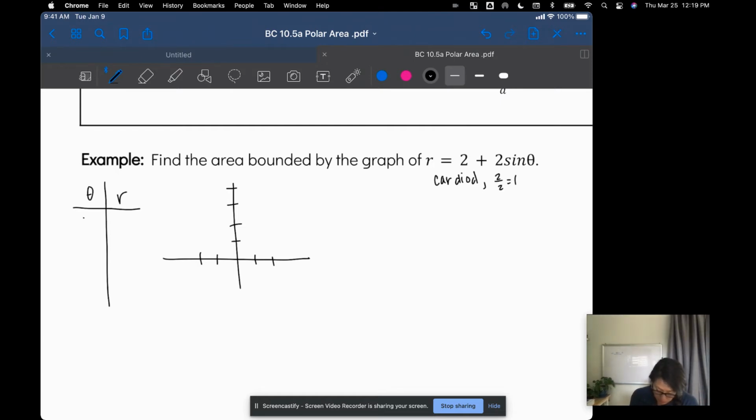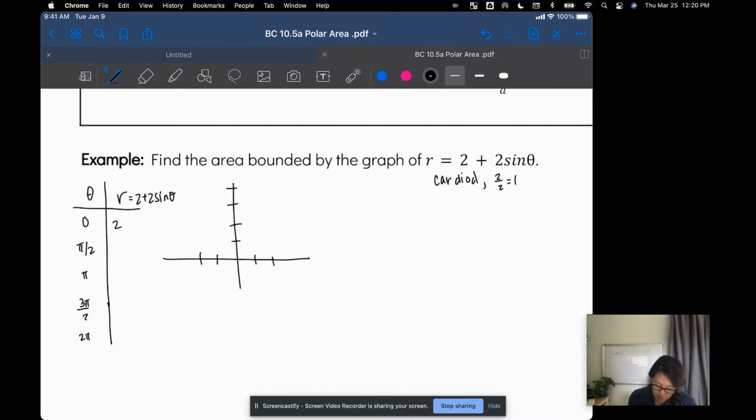So I'm just going to go ahead and plug in my angles: 0, pi over 2, pi, 3 pi over 2, and 2 pi. I'm going to sub those into r is equal to 2 plus 2 sine theta. So when sine 0 is equal to 0, we end up with 2 plus 0, which is 2.